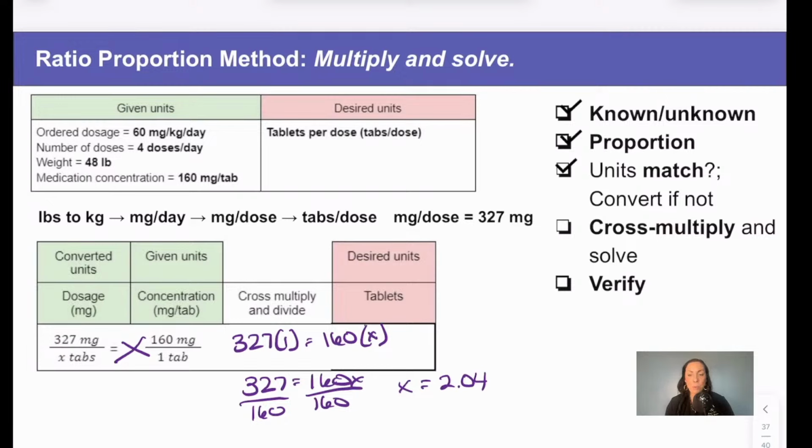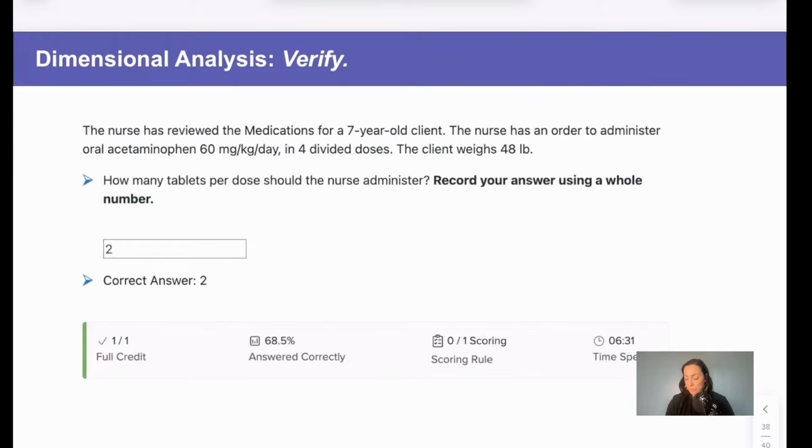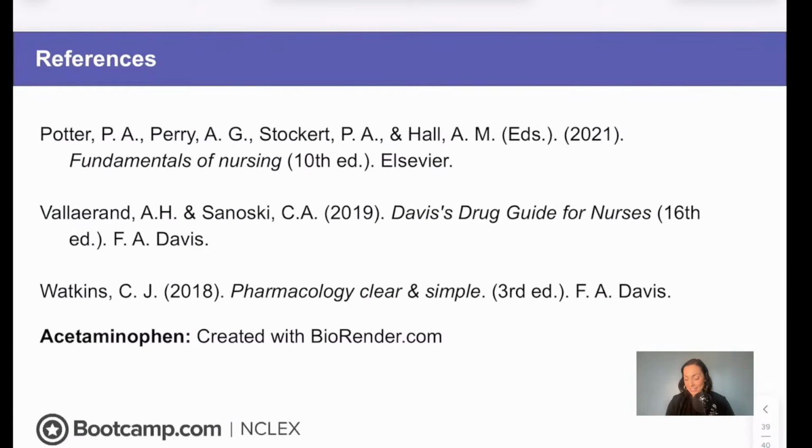And remember that we have to round down, right? Because you're not going to give 0.04 of a tablet, right? That'd be crazy to try to figure out. So we wanted this whole number. So we look to the right of that decimal place, as you remember. And if it's less than 5, we're going to round down. So we have 2 tabs. And of course, we see that we're correct.